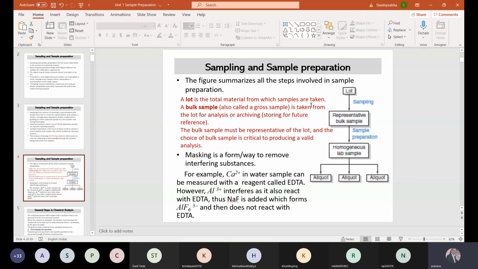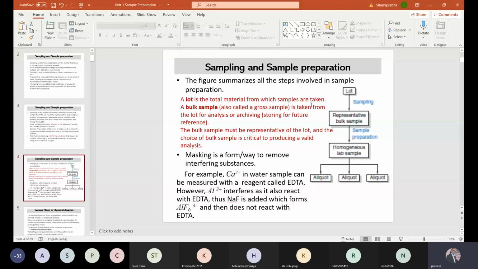As I said, for sampling of liquids, solids and gases, there are definite guidelines, separately for solids, liquids and gases, but this detailed information is beyond the scope of this unit. But you do not worry about that because it can be dealt with in greater detail when we are actually working with real samples.